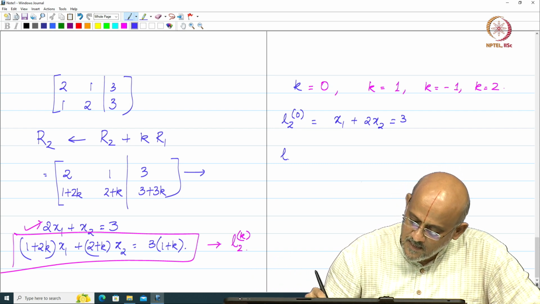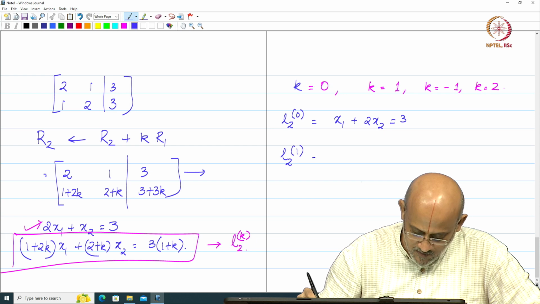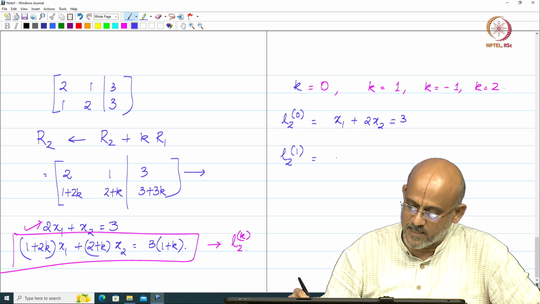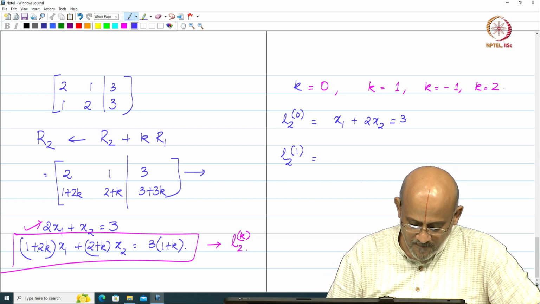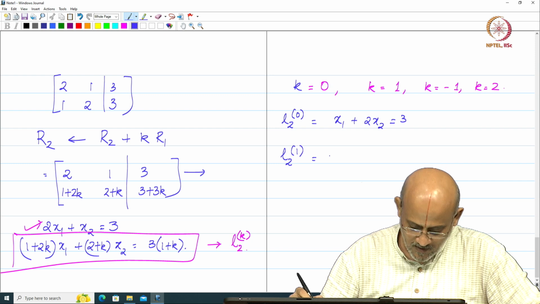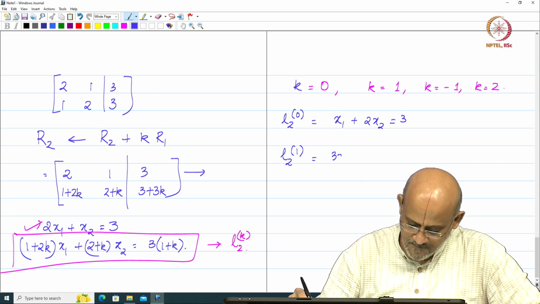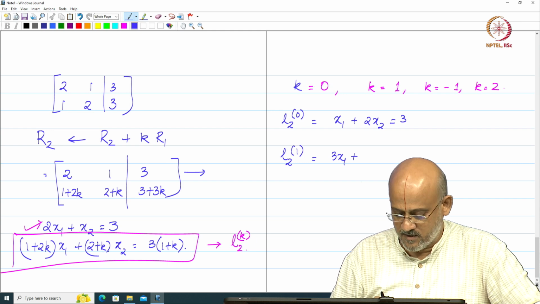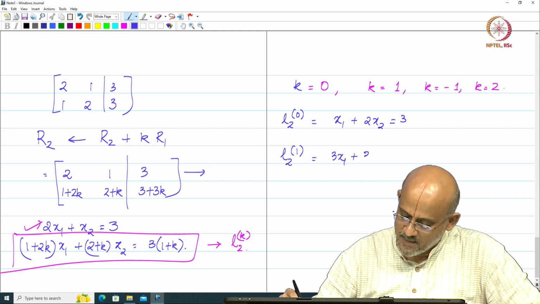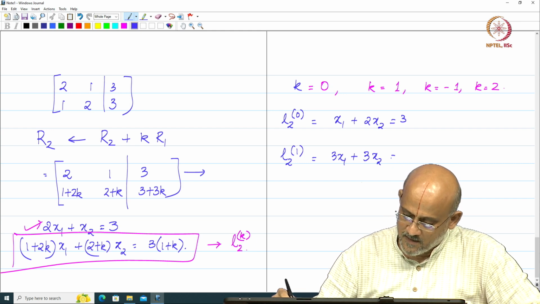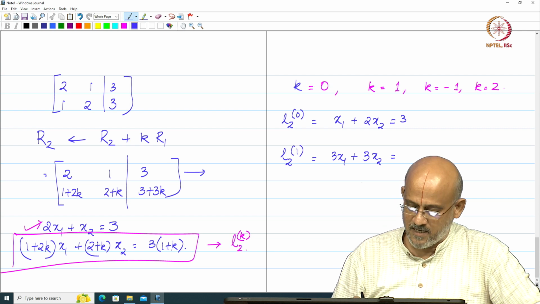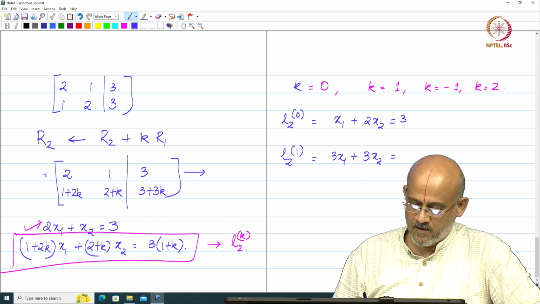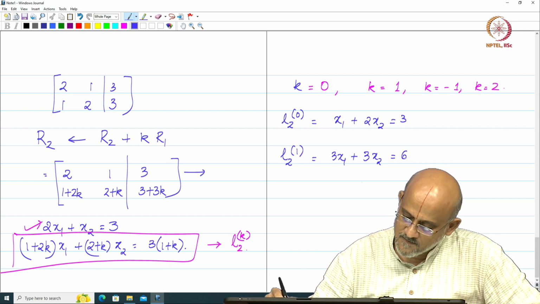Now, let us look at L2 of 1. What am I going to get? If I put k is equal to 1, I get 1 plus 2, which is 3x1, 2 plus 1 into x2, that is 3x2, and here we get 3 into 1 plus k, that is 3 into 1 plus 1, which is 6.